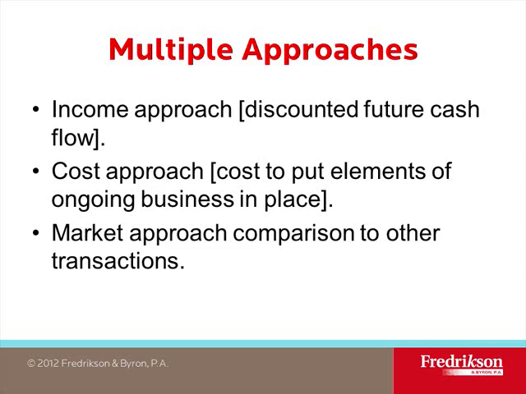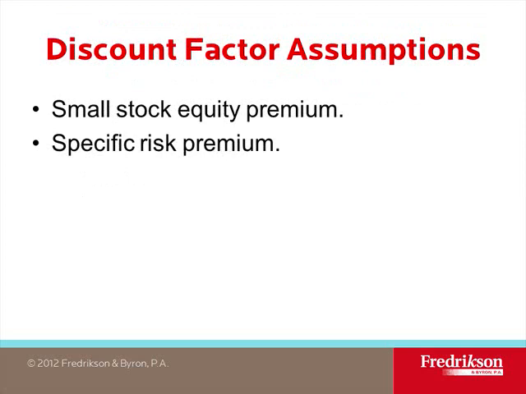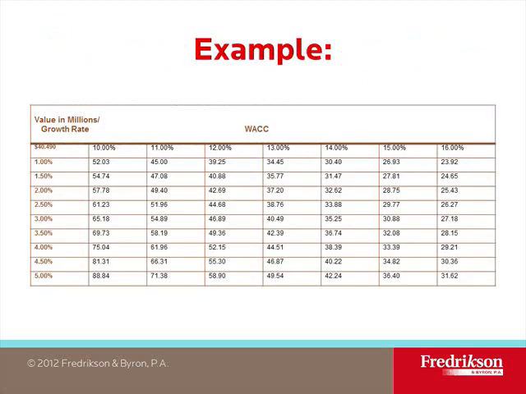If you look at a typical appraisal, and I'm going to skip forward a couple of slides here, this comes from an appraisal report that I got in a real transaction, and it shows the sensitivity of the income stream appraisal to different assumptions on the WACC and on the growth rate.